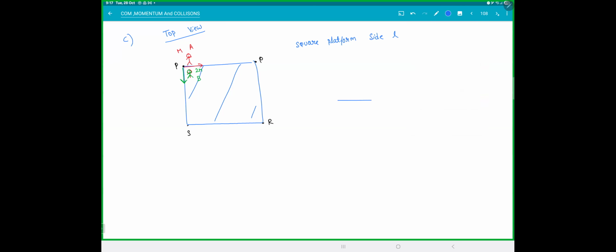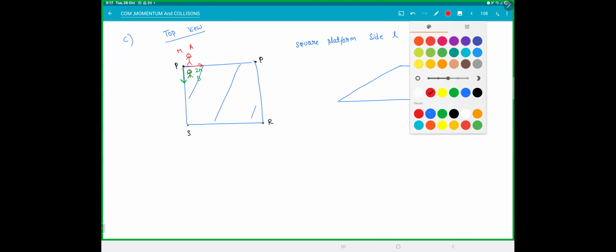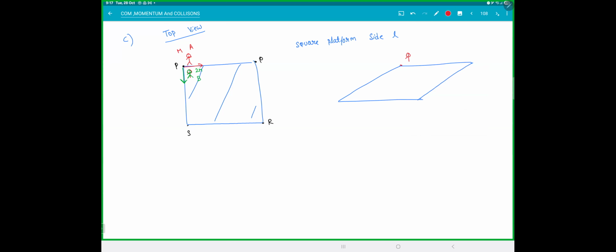So the side view now will look like this. This is the square platform. A is standing here, walking this way. B is standing here and walking this way. This was P, this was Q, this was R, and this was S. This will be the side view.